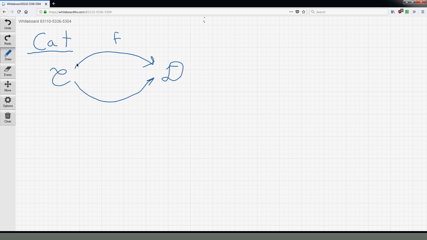Let's draw one more functor. And then we have some natural transformations between these. Now, because this is a category, we can compose these natural transformations, right?